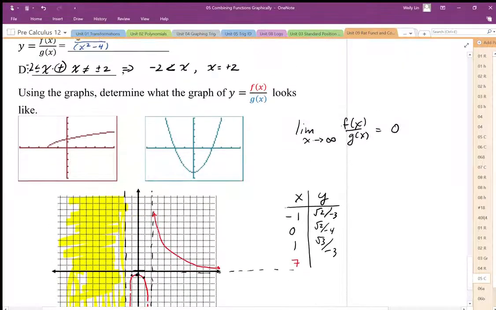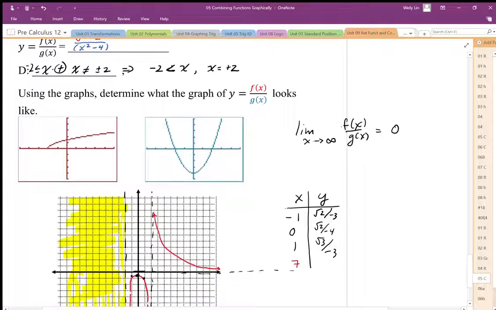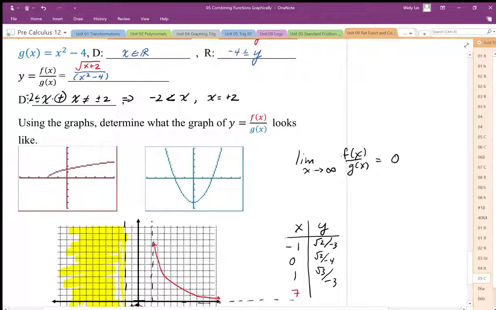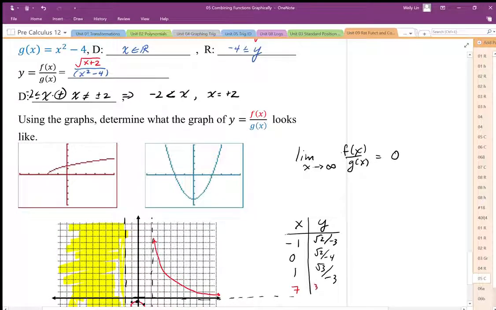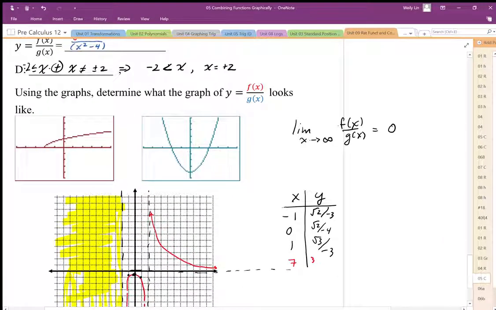At x equals 7, we get the square root of 9, which is 3, over the denominator, which is going to be 45. So at x equals 7, it's going to be getting close to 0. So it's going to follow the asymptote and come down close to 0 like that. Okay, so the graph's going to look something like this.